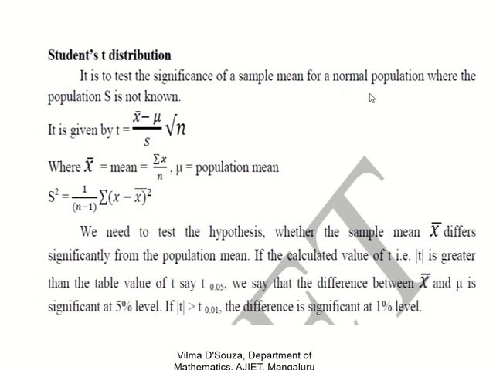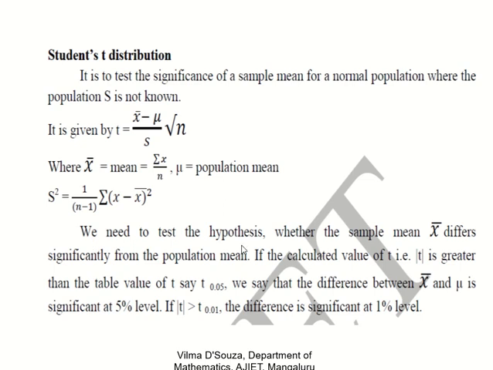S square is calculated using the formula S square is equal to 1 by n minus 1 into sigma of x minus x bar whole square. So S becomes the root of S square. Using this data you calculate what t is.